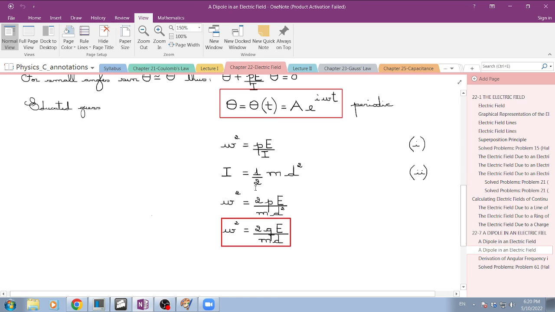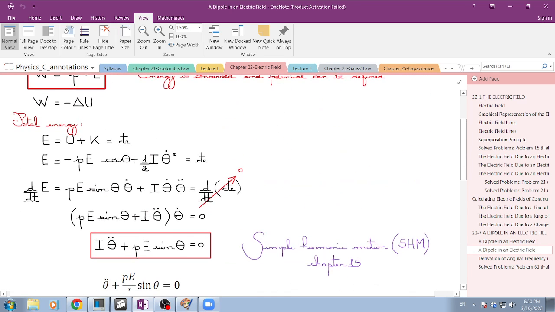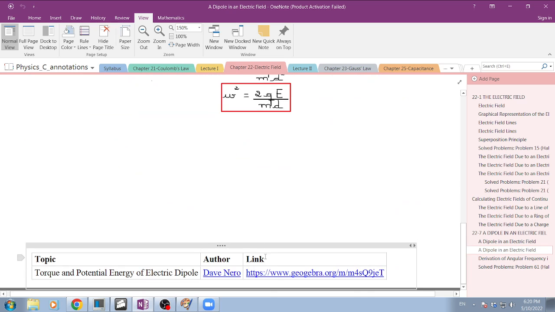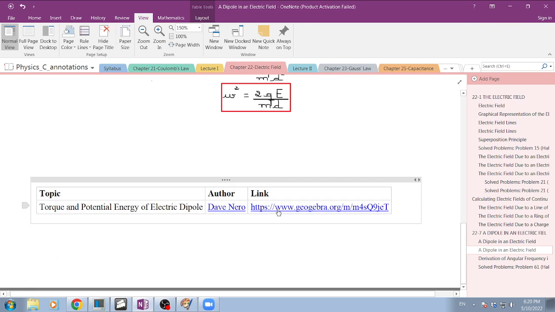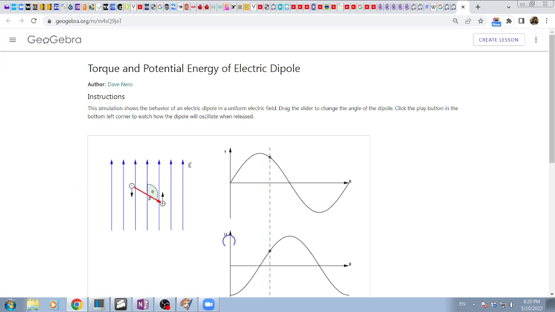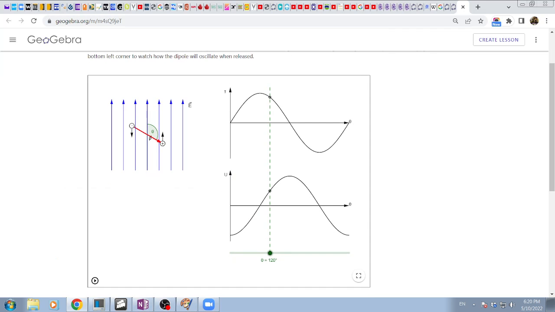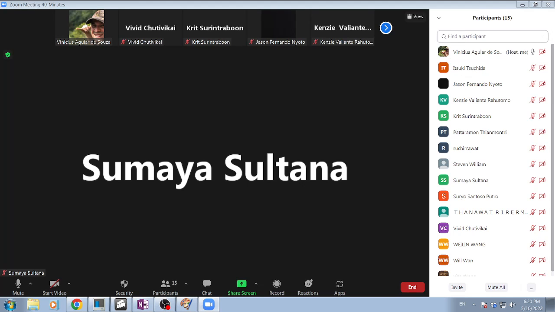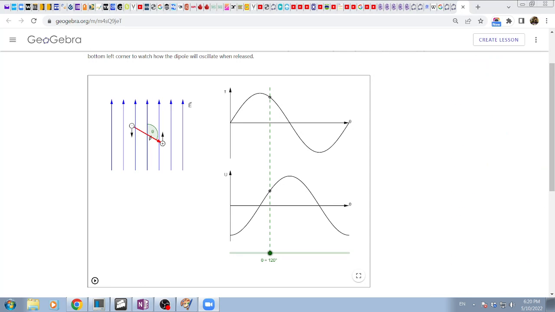What you're going to see is this dipole describing a simple harmonic motion, the same as we saw in chapter 15. That means that this dipole, I'm just going to show you guys, goes something like that, and going back.